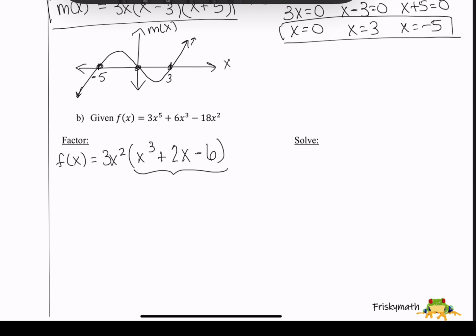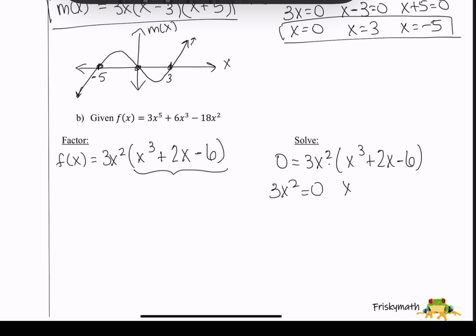So now we'll use zero product property, setting our output equal to 0. Now, I can solve part of this. So I have 2 factors. I can solve the fact that 3x squared equals 0.